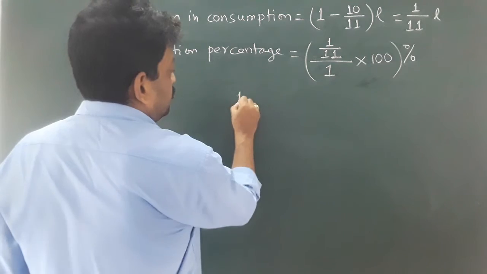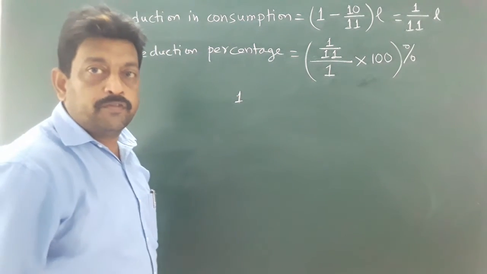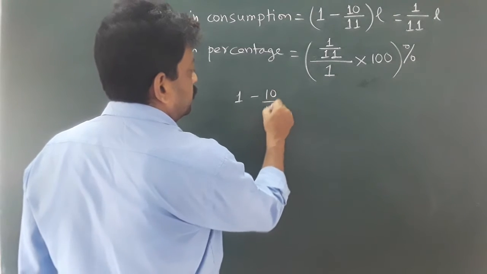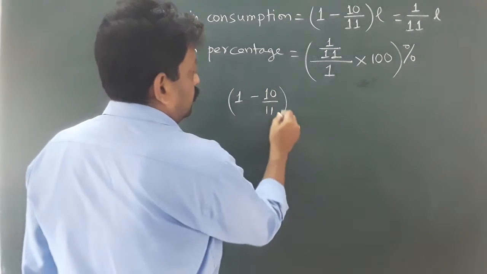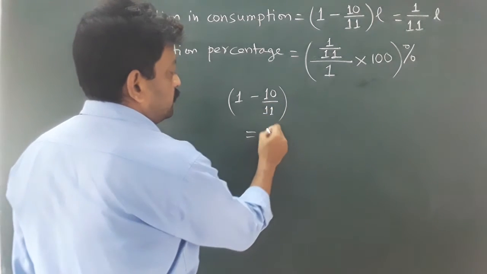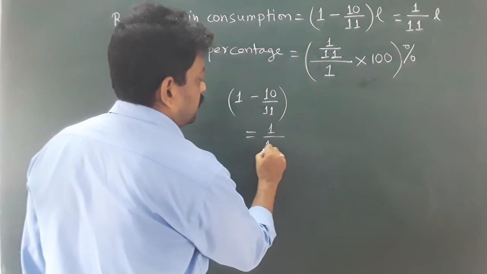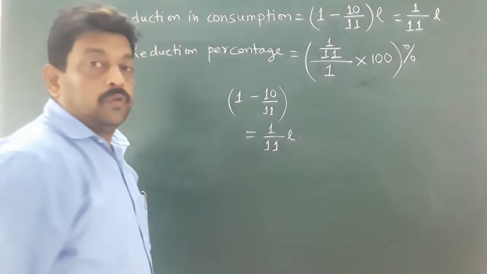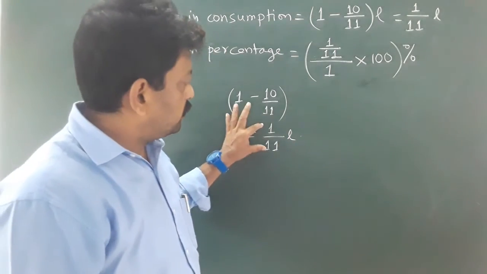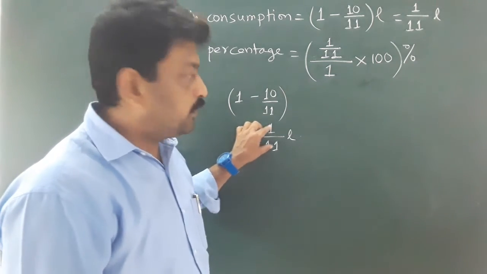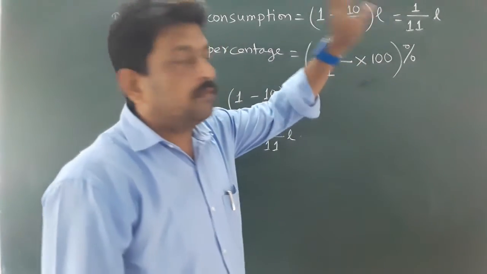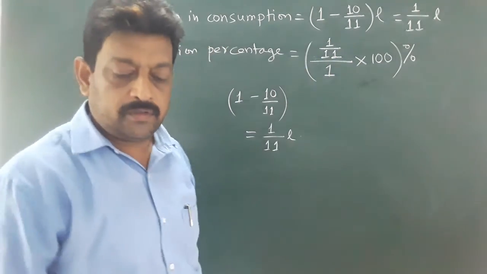Previously he was having 1 liter of petrol for rupees 100. Now he is having 10 upon 11 liter. So he has to reduce the consumption, and this reduction in consumption is 1 upon 11 liter. To find the percentage, we write the reduction divided by original consumption and multiplied by 100%.